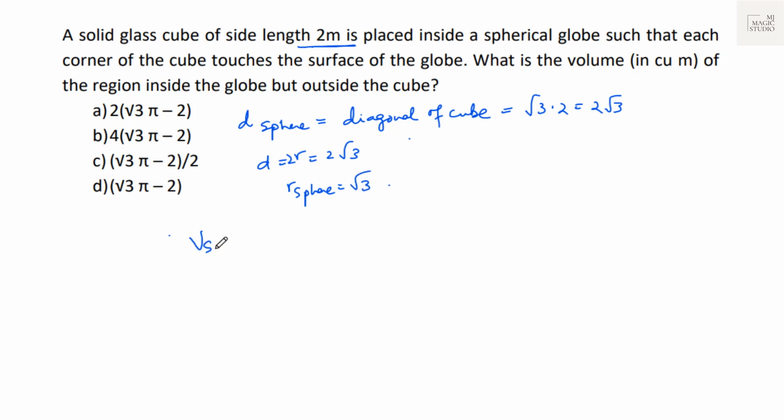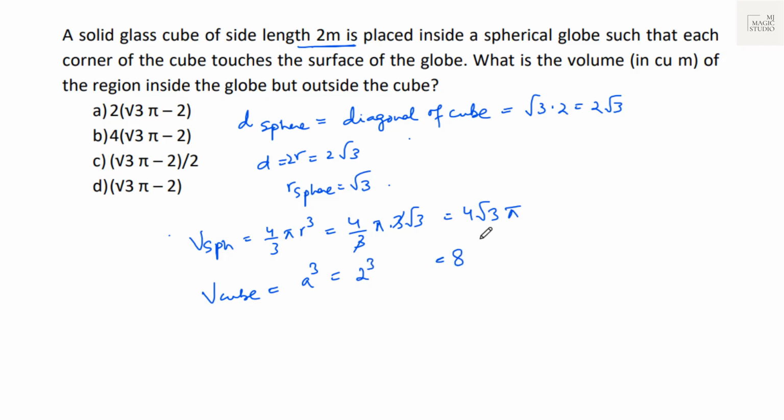Now what is the volume of the sphere? Volume of a sphere is 4 by 3 pi r cube. That will be 4 by 3 pi into 3 root 3, that is 4 root 3 pi. And the volume of the cube is side cube, a cube, that is 2 cube, that is 8. So we have this sphere, and inside that we have this cube.